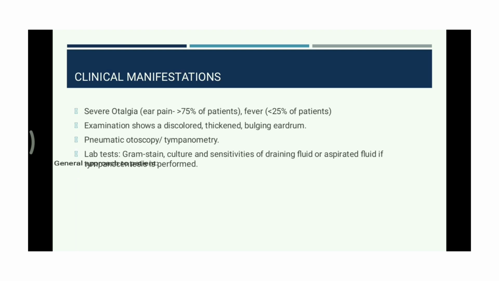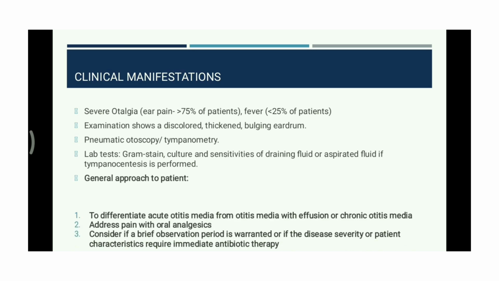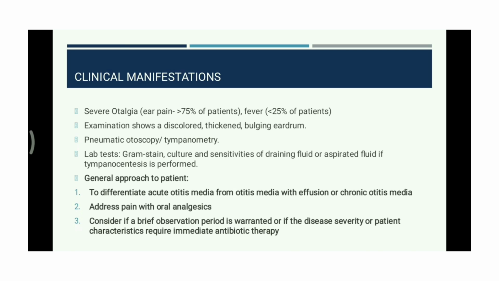So how do you approach a patient? If a patient has come to the doctor with severe ear pain, how does the doctor approach him? First and foremost, the doctor has to differentiate acute otitis media from otitis media with effusion or chronic otitis media.